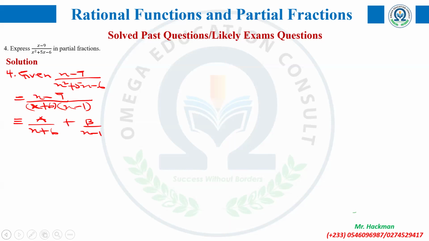Please, for the factorization, what if you use 2 and 3? Remember, the factor pair must satisfy 2 conditions. The product should give you negative 6, and the addition, which is the sum, should give you 5.